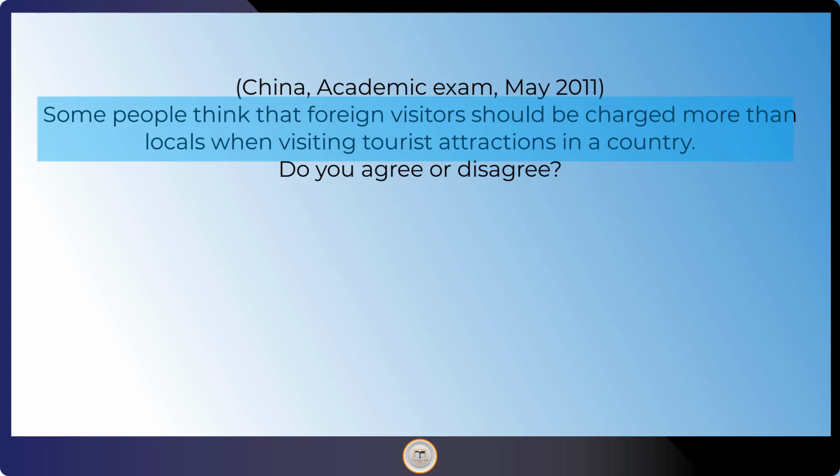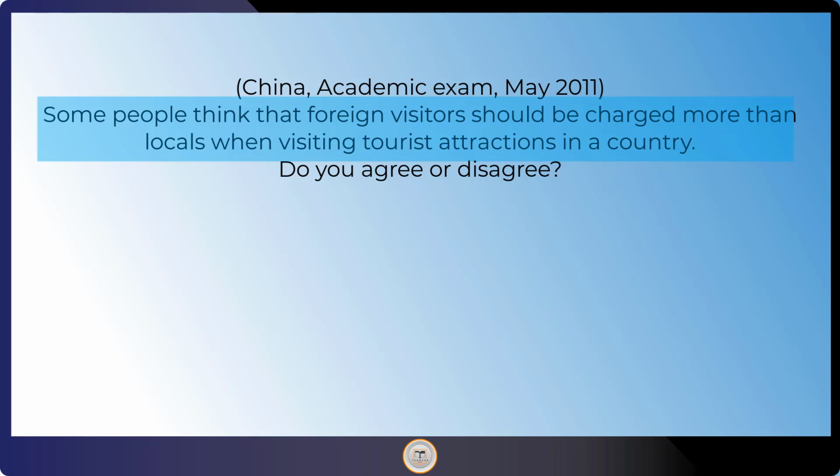So what happened was that these students didn't understand that the portion of the question here, some people think, is not really all that relevant to the way that we're going to respond to this question. Basically, this entire first section is just showing us an opinion, and it's not instructing us to do anything.